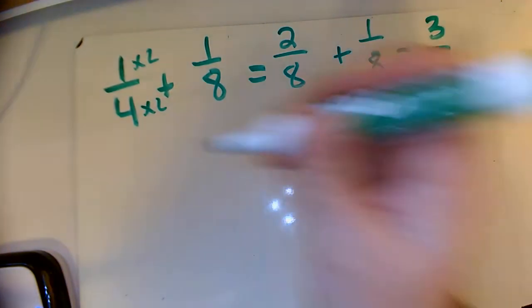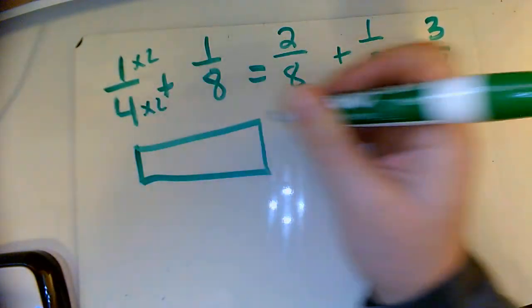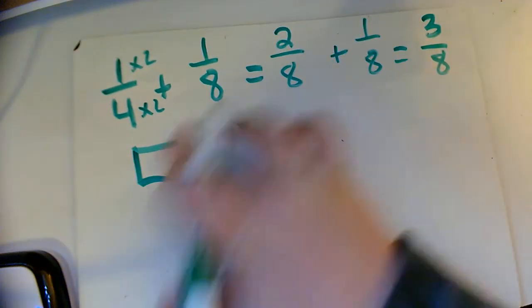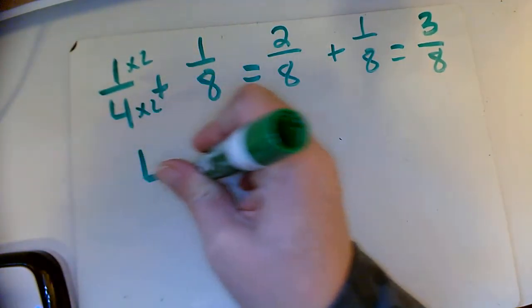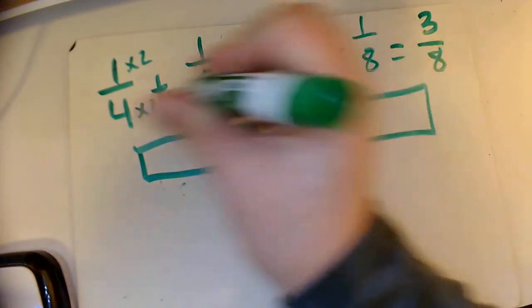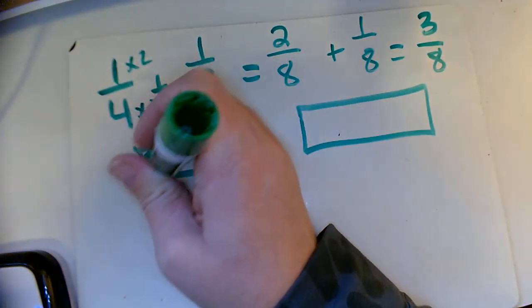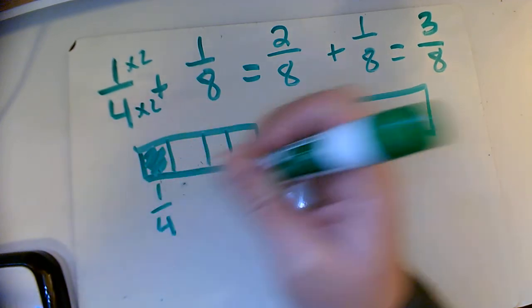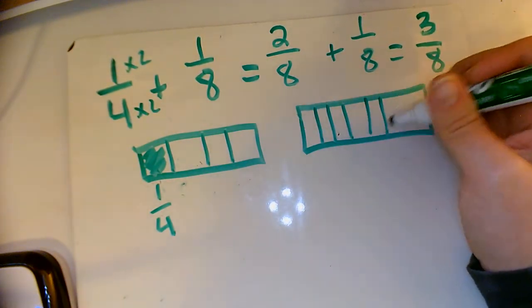Okay, so if we were to use a tape diagram, I'm going to draw 2. Well, that's not very even. It's a little better. So I'm going to draw 1 to represent each of our fractions. So first I'm going to represent 1/4. And then I'm going to represent 1/8.